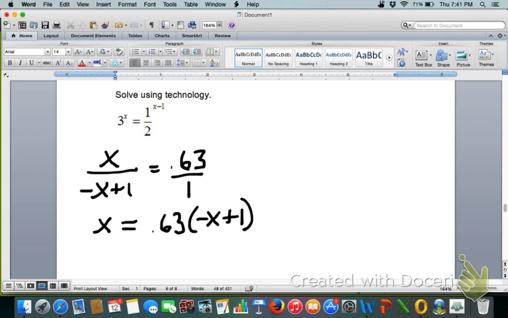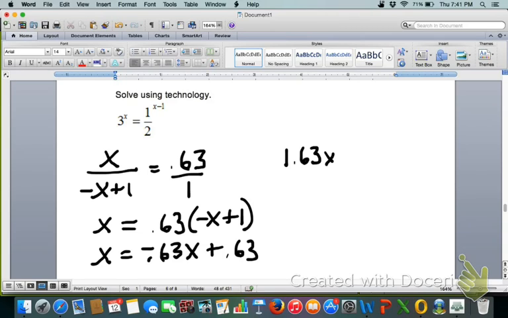Even though this is a little lengthy, I'm showing you this way because I can't use my calculator at this time on my iPad. So I have x is equal to negative 0.63x plus 0.63. Now I'm going to add 0.63x to both sides. So I have 1.63x equals 0.63.